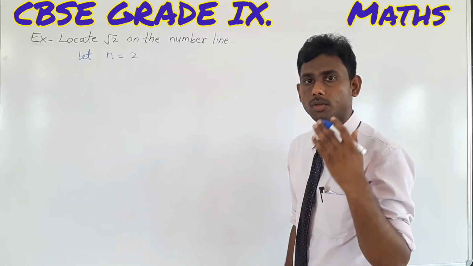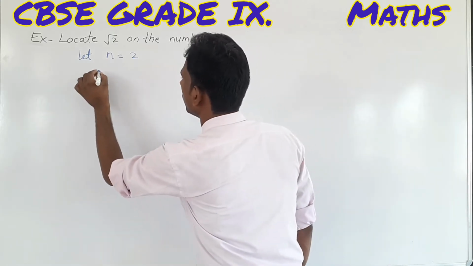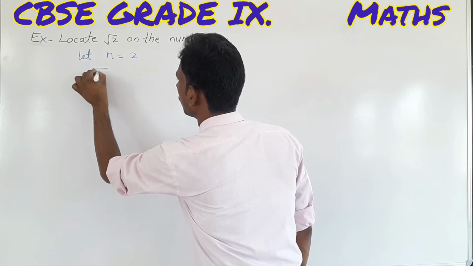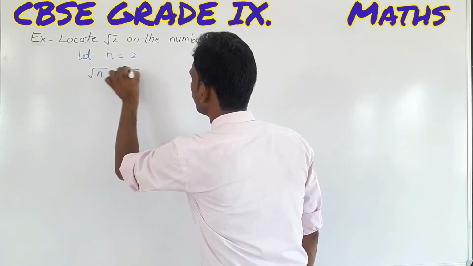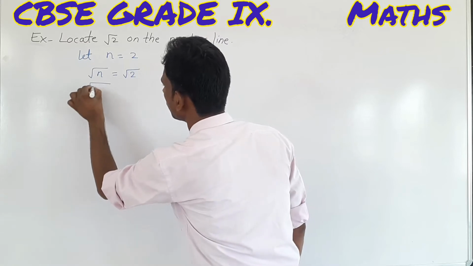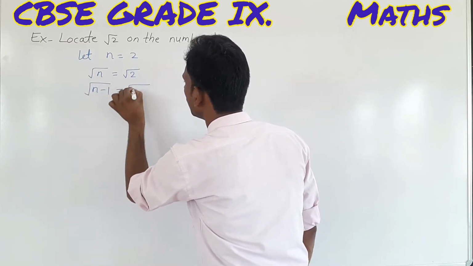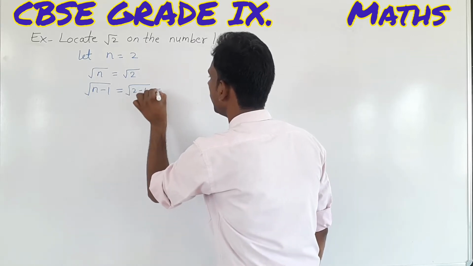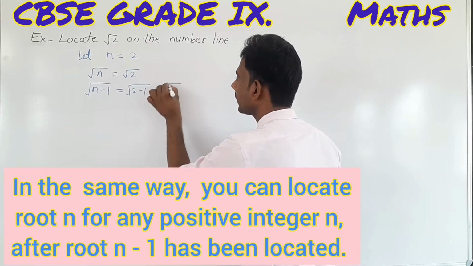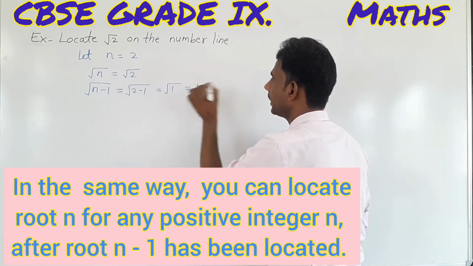Then we first locate that point. Here root n equals root 2. Root n minus 1 is root 2 minus 1. 2 minus 1 is 1. Square root of 1 equals 1.